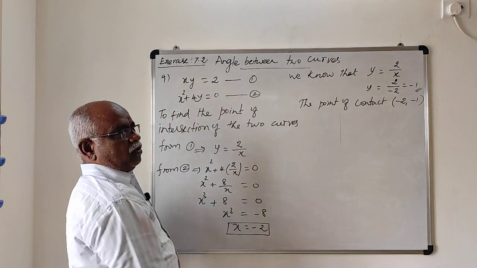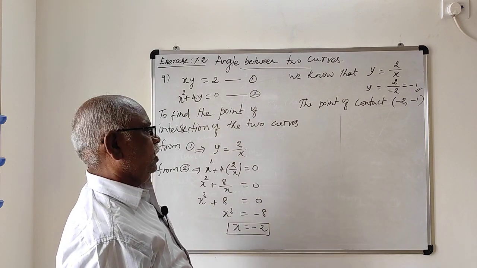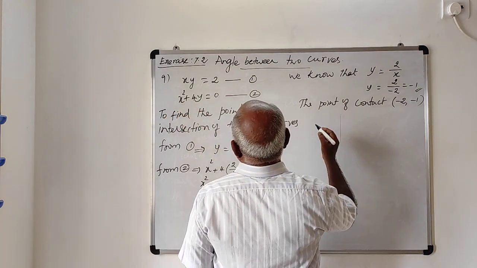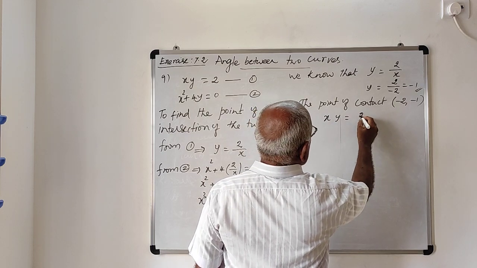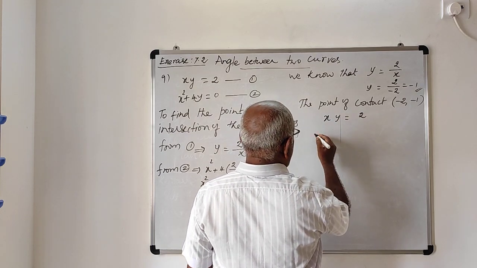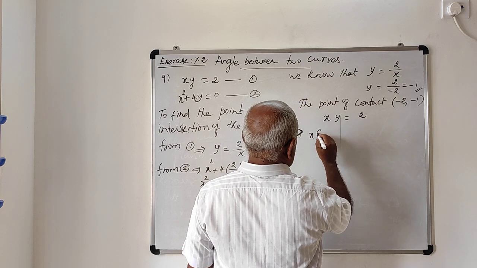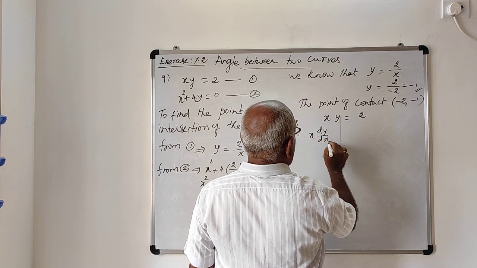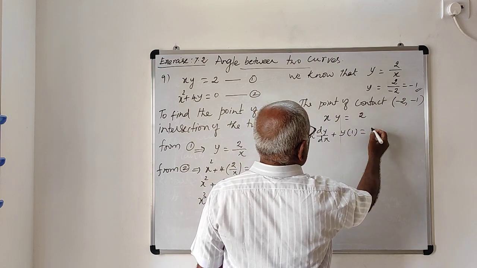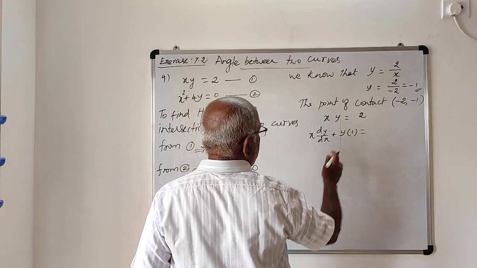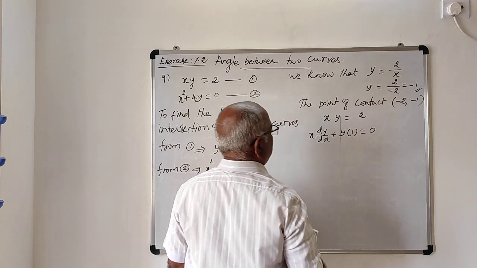At that point, we have to find out the angle between the two curves. For that, first curve xy equal to 2, differentiating by product rule: x into the derivative of y, dy by dx, plus y into the derivative of x, which is 1, equal to the derivative of the constant term, which is 0.